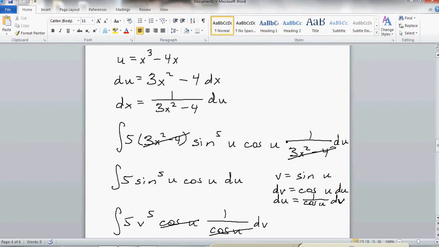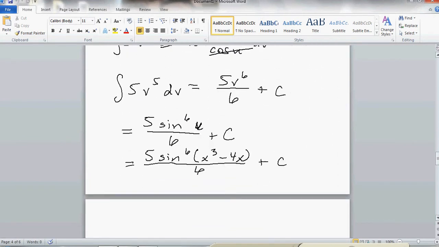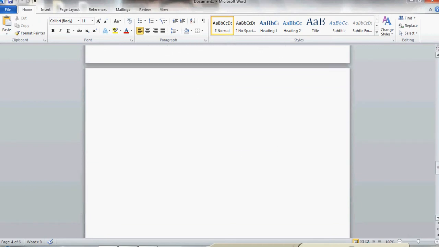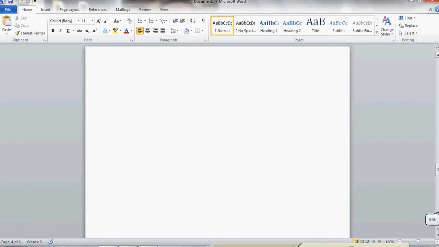7 and 8 are initial value problems, which means we need to solve for c and then go from there. So let's see what we've got. Number 7, we are told the derivative is 18 times that. So I'm going to immediately put it into the integral.